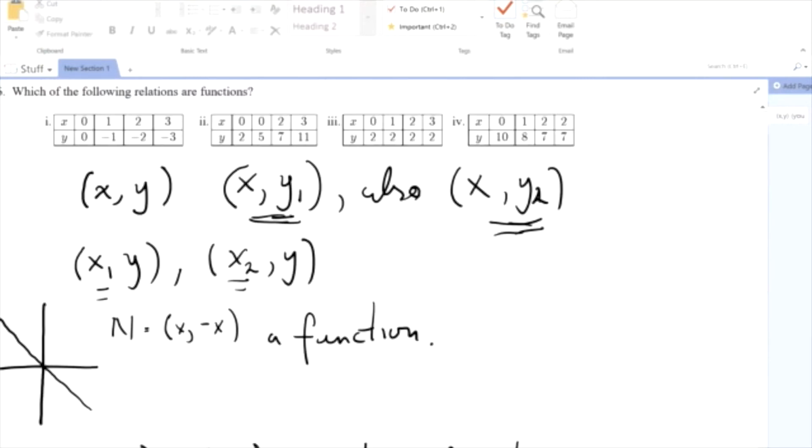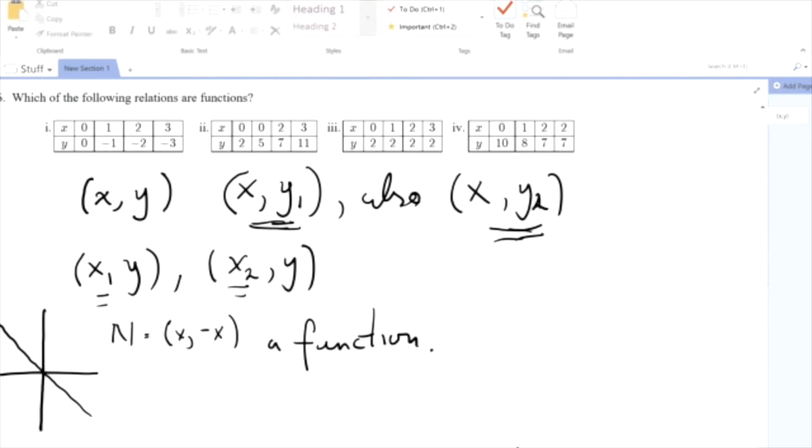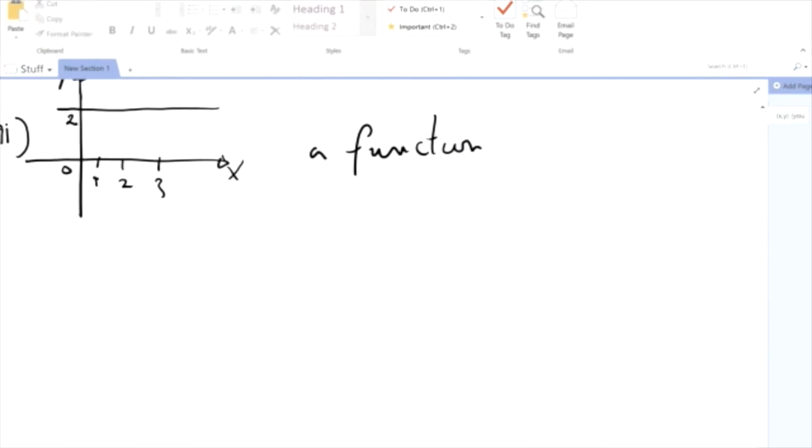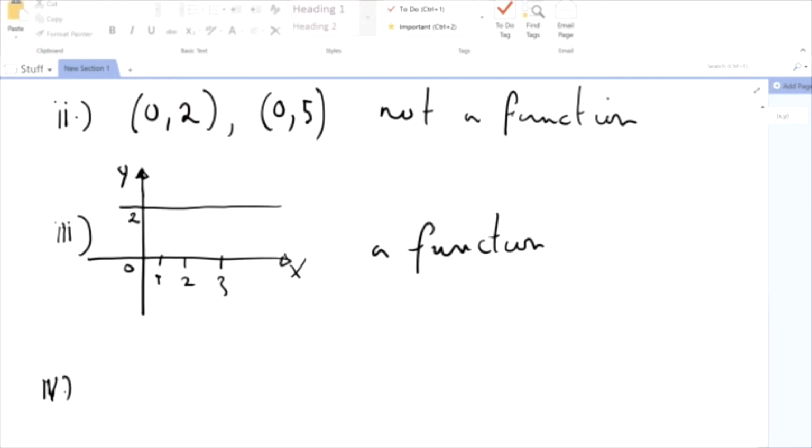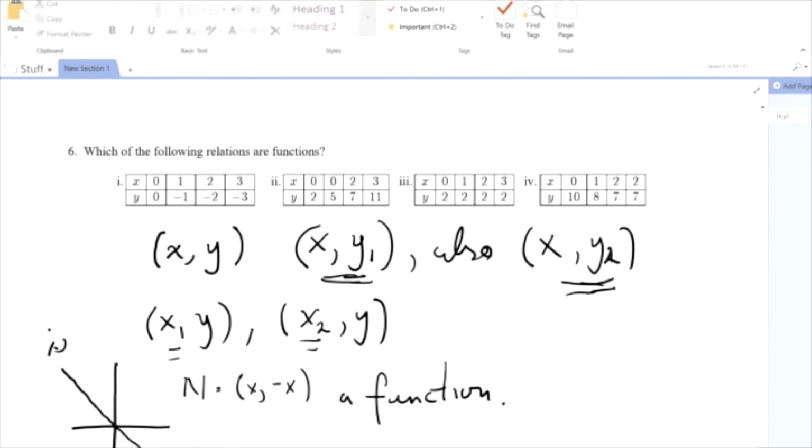And finally, we have Roman numeral 4. We have 0 equaling 10, 1 equaling 8, 2 equaling 7, and 2 equaling 7. Well, this is also a function, and I know the confusion might arise from these last two blocks.